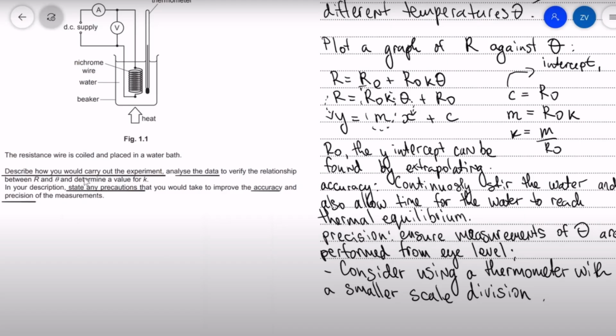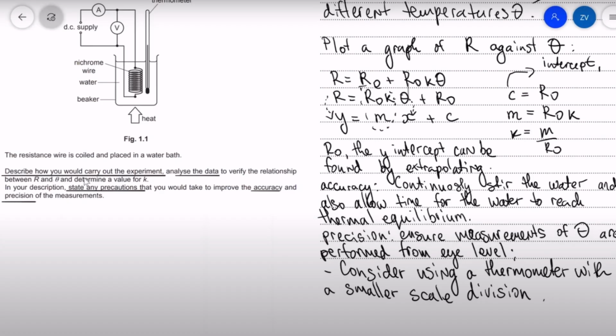One more really important clue is that whenever an A-level physics question asks you to describe how you would carry out an experiment to verify the relationship between r and theta, well, this here is a clue that we should plot a graph of r against theta. We could then use y equals mx plus c analysis to determine k.